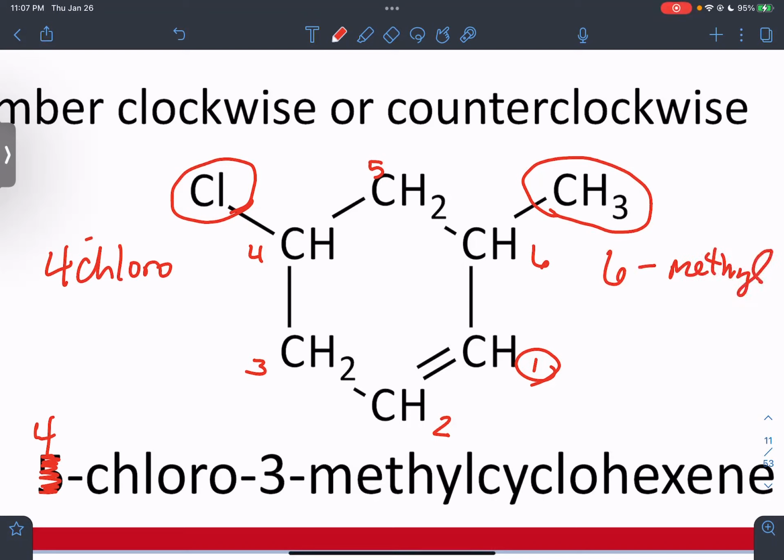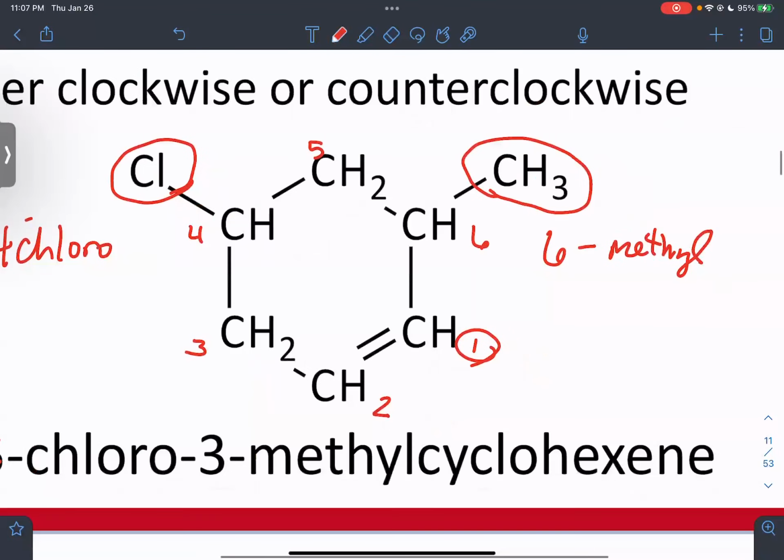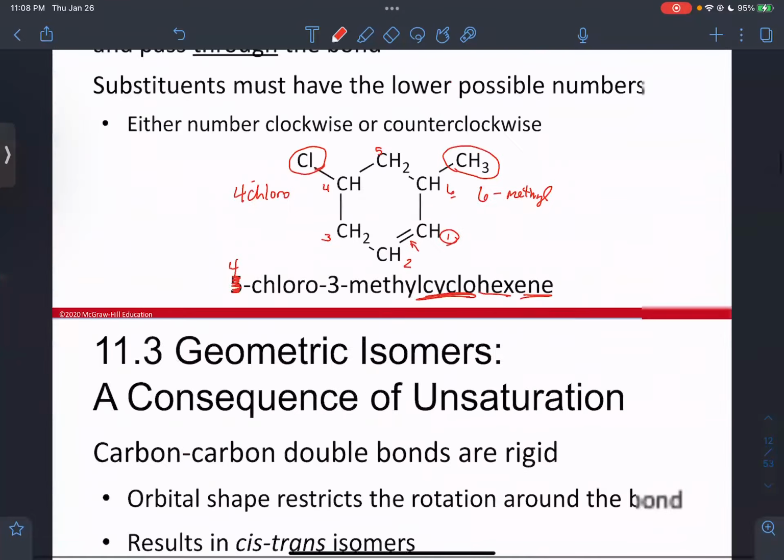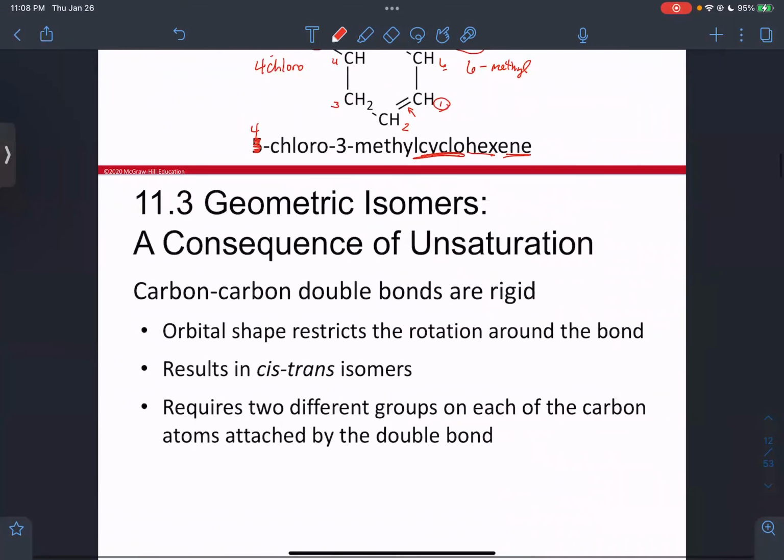So we have a 4-chloro, 3-methyl. Now don't forget, lots of people forget this little part, cyclo, and then because we have a 6-long parent, we call it hex, and then it's hexene because we have 1 carbon-carbon double bond. So not bad, just lots of practice.